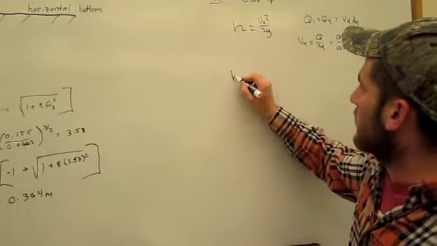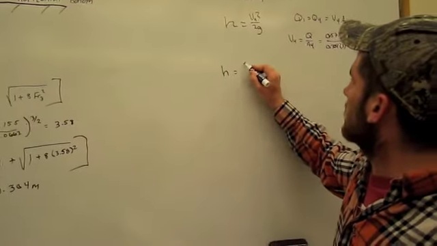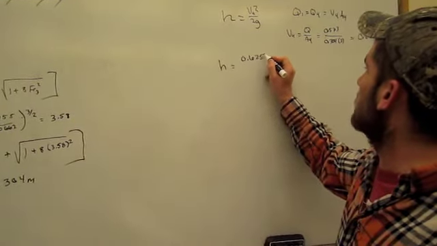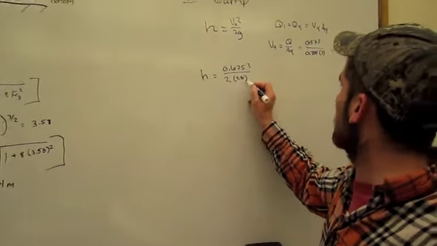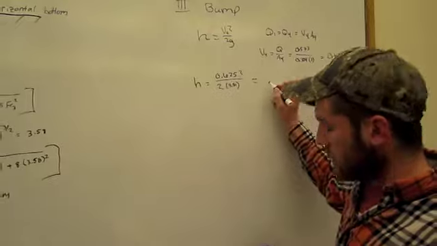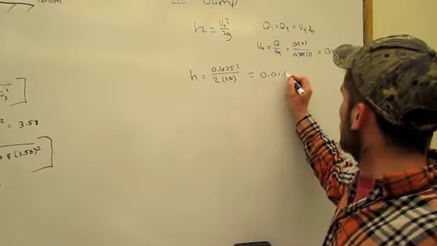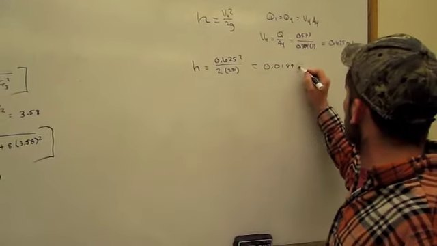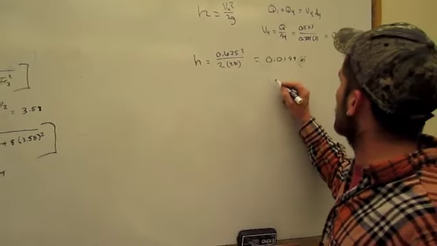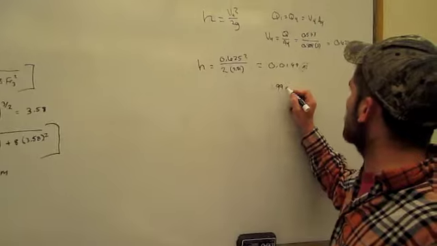We plug this into our h equation. We get 0.625 squared over 2 times 9.81. And we get a height of 0.0199 meters, or 1.99 centimeters.